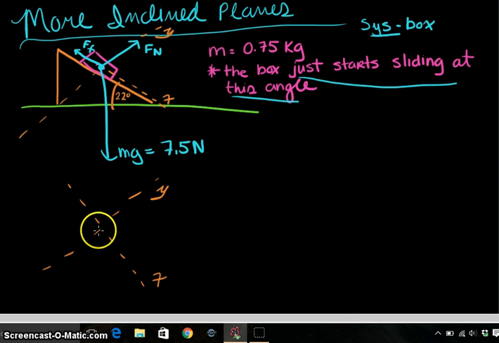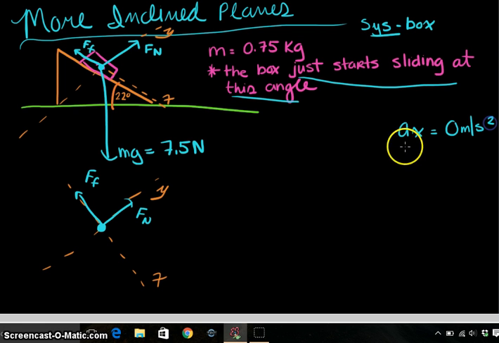Okay, and I'm going to put my normal force and my friction force in my force diagram because those are right on the axes, so those are dealt with. Now, like I said before, if the box just starts sliding at that angle, then acceleration in the x is 0 meters per second squared, and the F net in the x direction will also be 0 newtons.